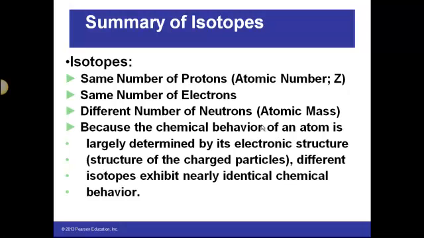So the chemical behavior then is largely determined by its electronic structure or the structure of the charged particles. So different isotopes of the same element exhibit nearly identical chemical behavior because they have the same number of charged particles present. The only thing that differs is the number of neutrons, and that doesn't change the behavior of that element.